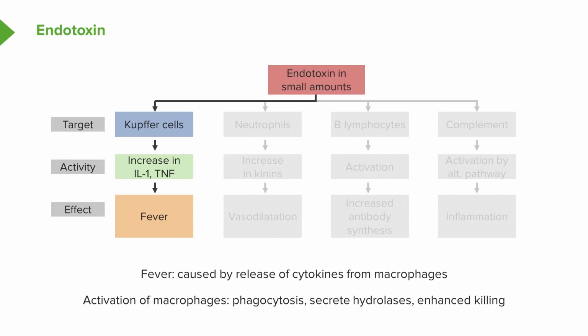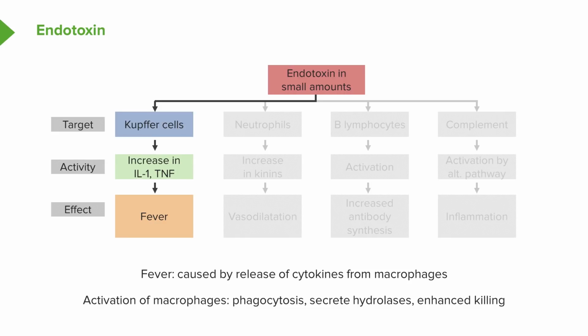It causes release of cytokines. When it binds to its receptor, cytokines are produced, and some of those cytokines cause fever. So endotoxin is well known to be pyrogenic, fever-inducing. The mechanism is by being recognized by that innate receptor and producing a cytokine that induces fever.